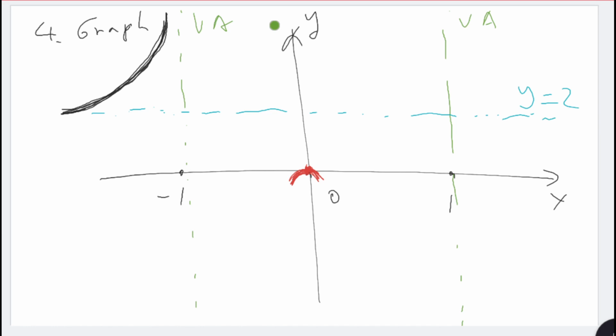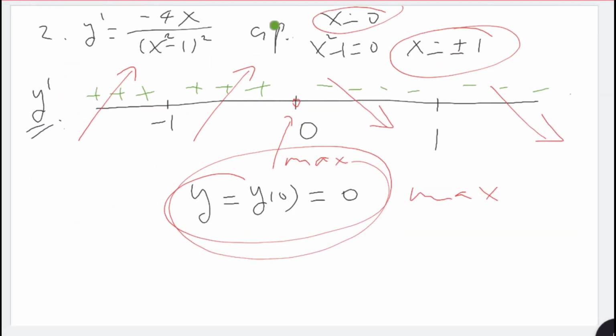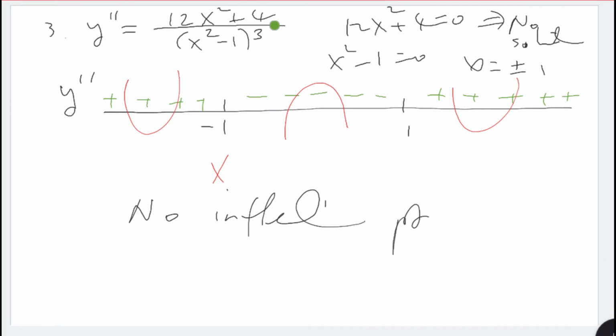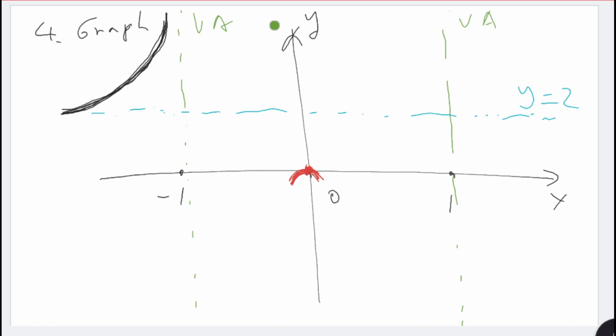Now, from -1 to 0, okay, what do we know about the graph? We know it's going to increase. Okay, let's again refresh memory. From -1 to 0, it's going to increase. It's going to concave down, so it's going to increase and bend down, and it's going to approach the vertical asymptote, right? On the left end, it's going to go through the origin.